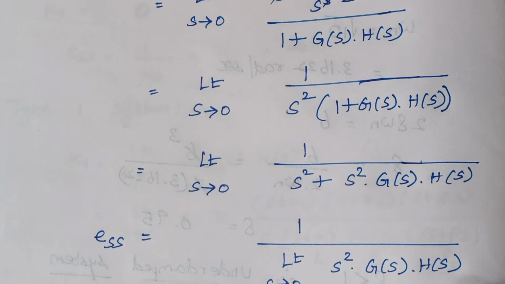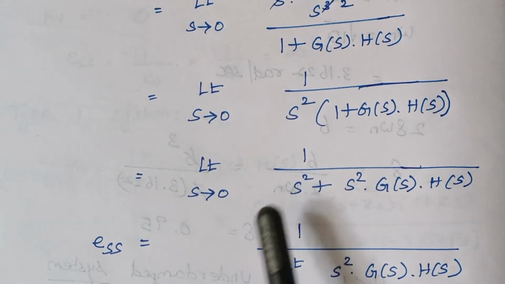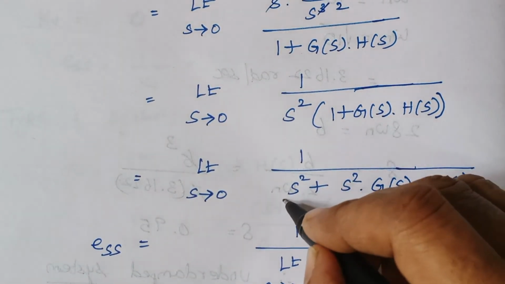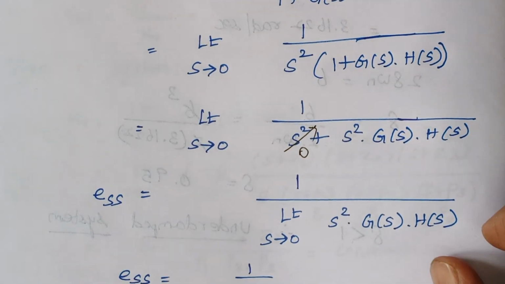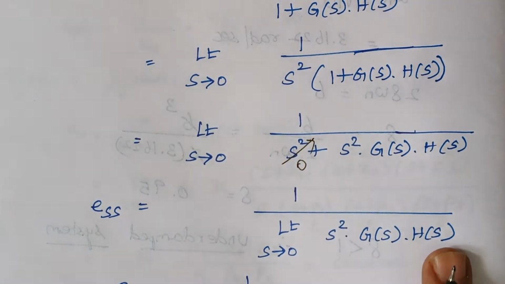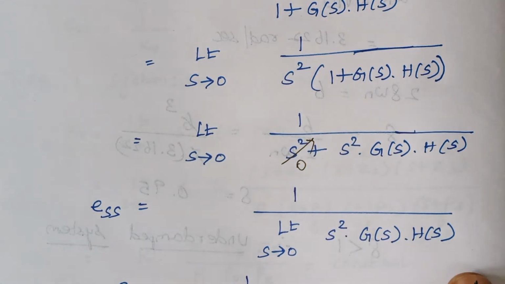When I apply the limit, when s tends to 0, this term reduces to 0. So this term reduces to 0 and the remaining is limit s tends to 0 of s square into G(s) into H(s). So this is our steady state error value.